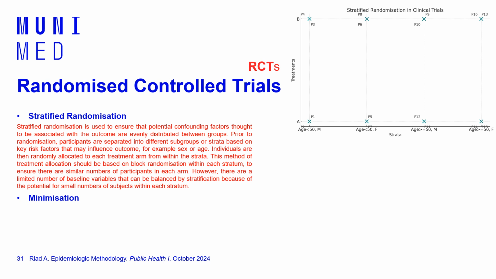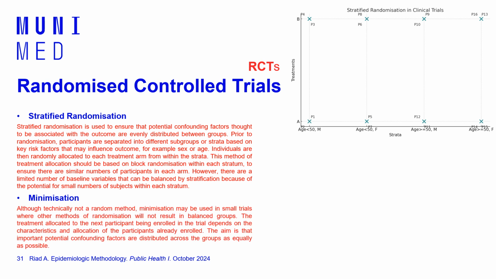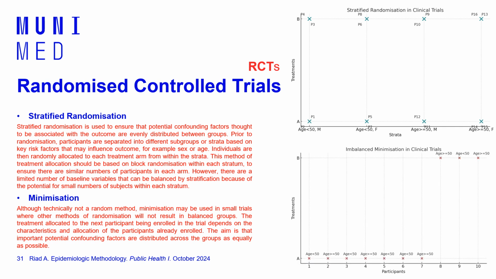Then we have the last method of randomization, which is called minimization. And in fact, minimization is not a randomization method. It's a method that we use in order to reduce the amount of errors that could come from previous methods of randomization. So for example, if you did simple randomization, or maybe if you did systematic allocation.